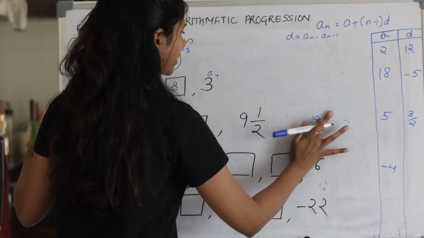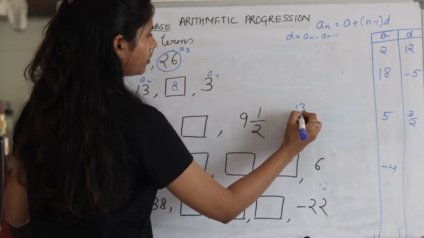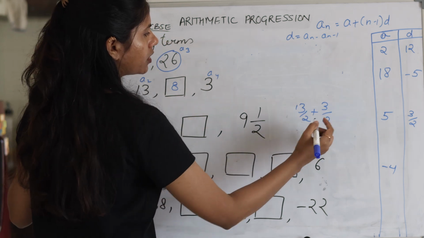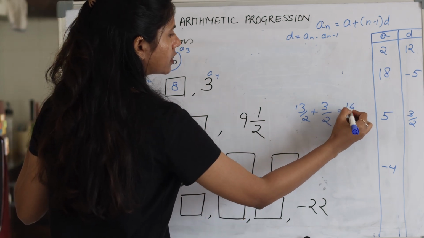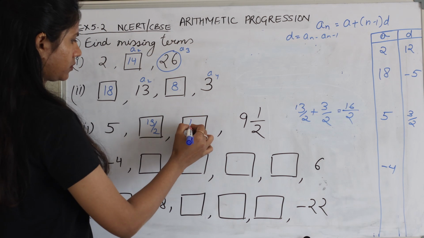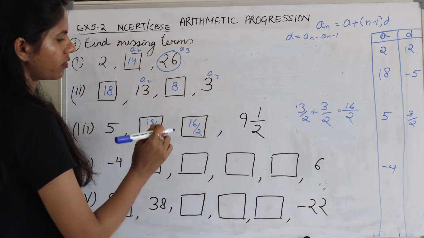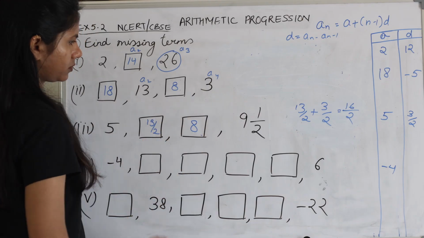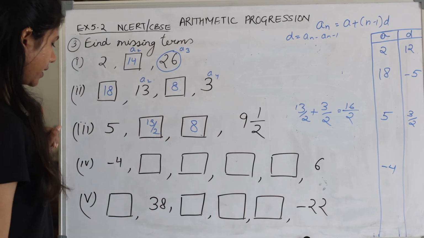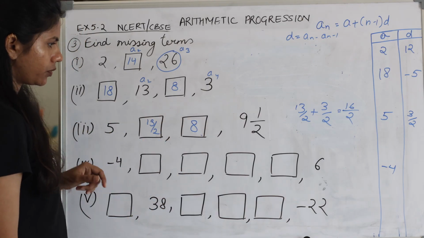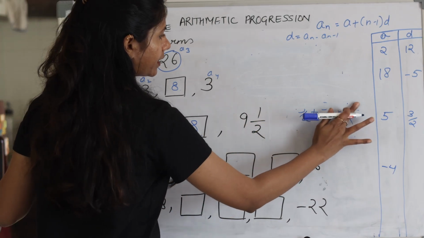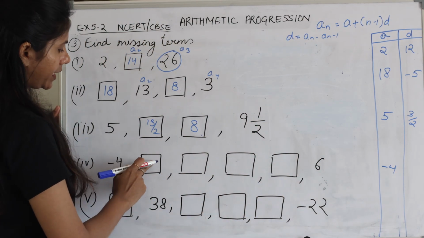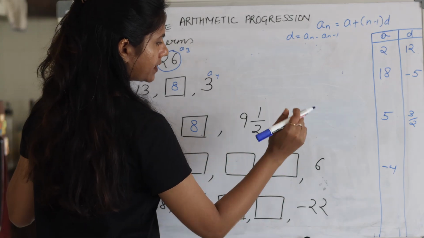Same for the next term, just 13 by 2 plus 3 by 2, which is D. So 16 by 2, which can also be written as 8. Cool, this is done. Now for the next one, we know A is minus 4 and we should find out D. So for D, this is A1, A2, A3, A4, A5, A6.